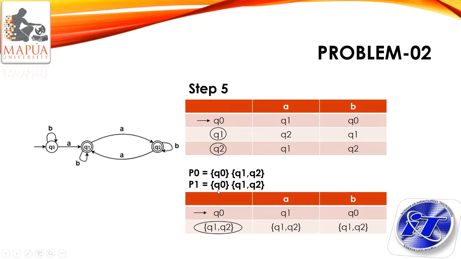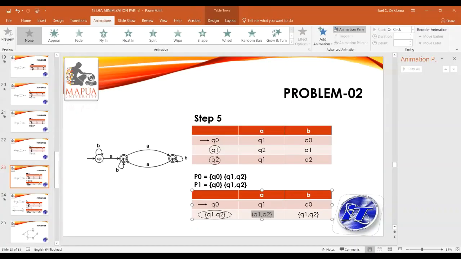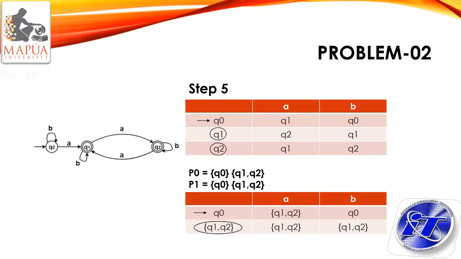Q0 is the initial state. Q1, Q2 will be one group. Then for A and B, if Q0 encounters A, it should go to Q1 and Q2, not just Q1, since Q1 is already combined with Q2.